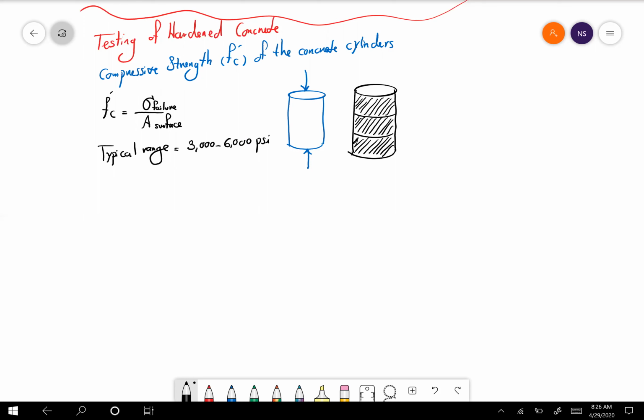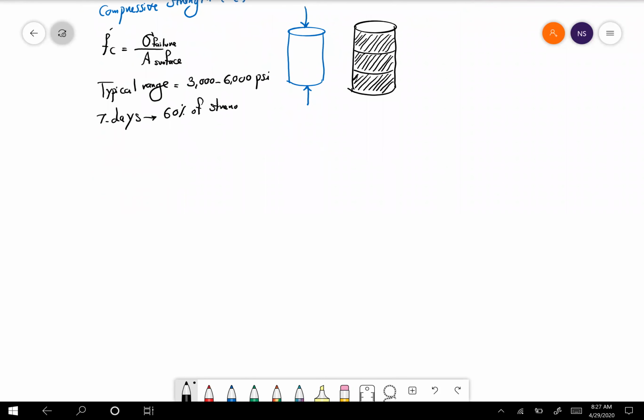And again, after 7 days, you will have 60% of the strength of 28 days.